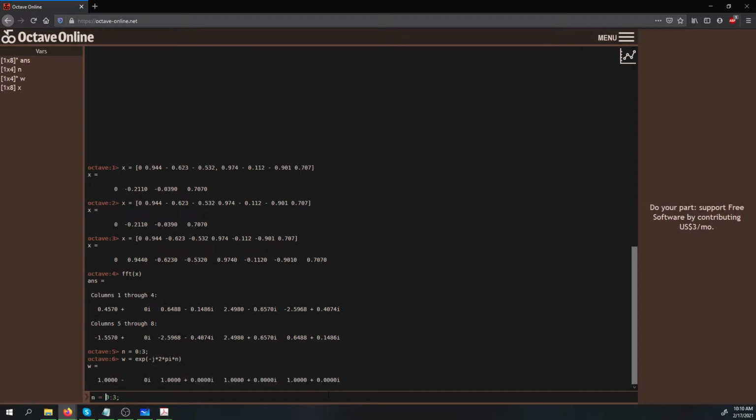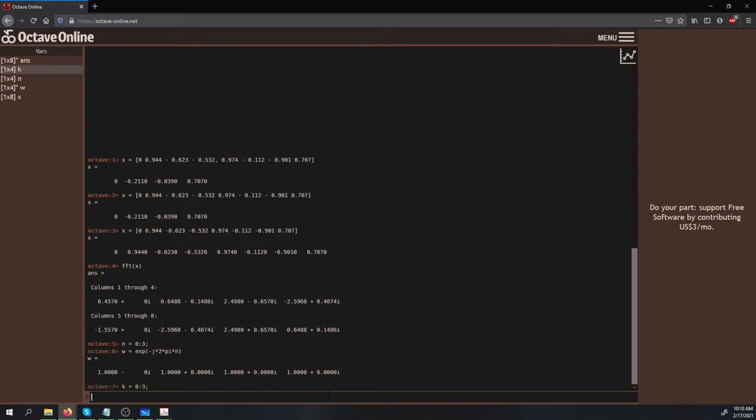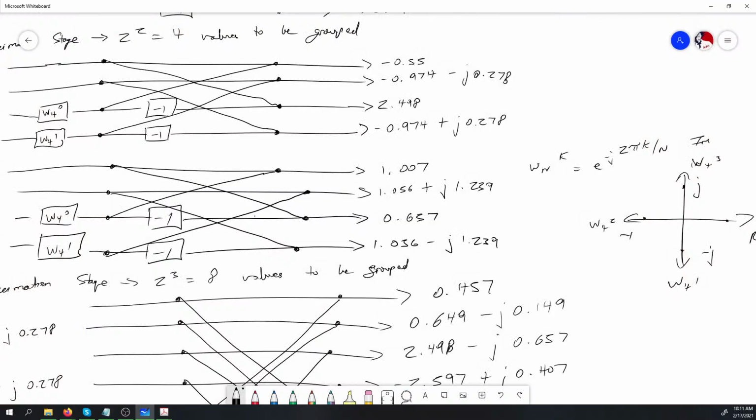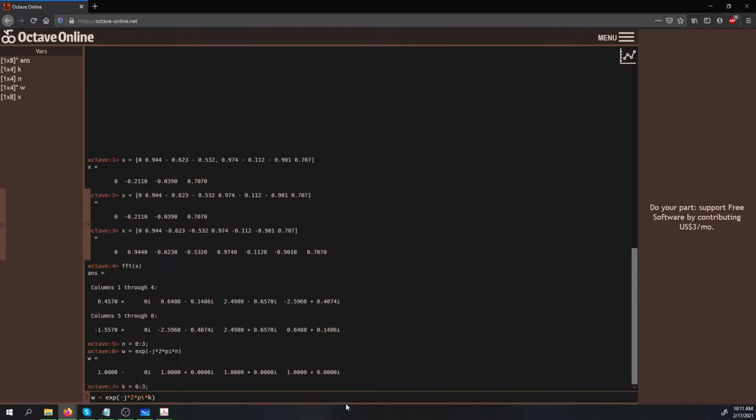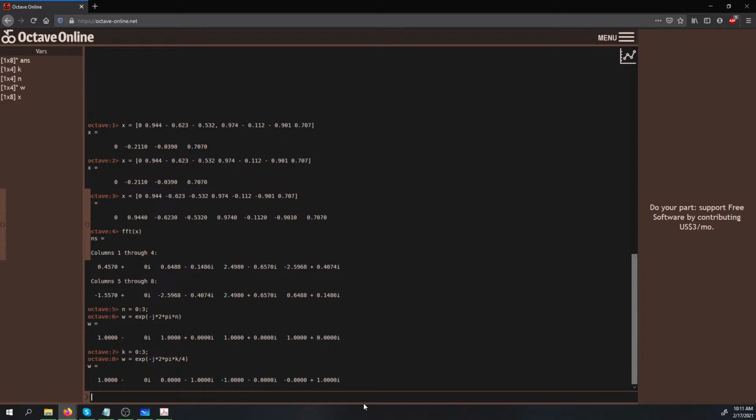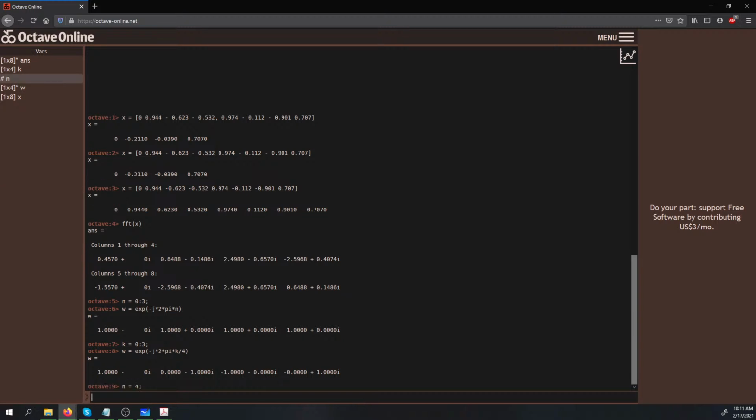Let me check my equation here just to make sure it was correct. Okay, 5 by 4. Right, nice. Like I said, n here is equal to 4, so I can remap my equation to match.